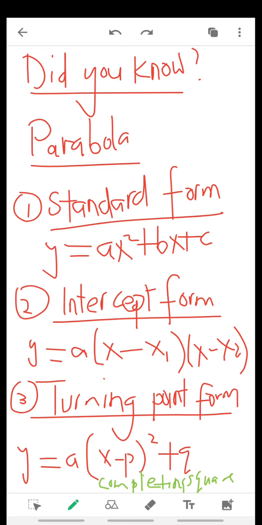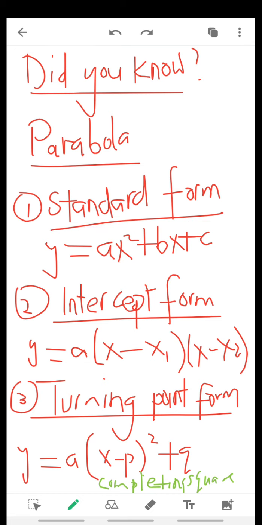These forms of equations of a parabola depend on what is given. Number 3 works best when you're given the turning point of a parabola, the coordinates of which will be represented by p and q. Or when you're given two intercepts and another point that lies on the parabola, then we'll be using number 2, the intercept form. Usually number 2 and 3 will always simplify to the standard form.